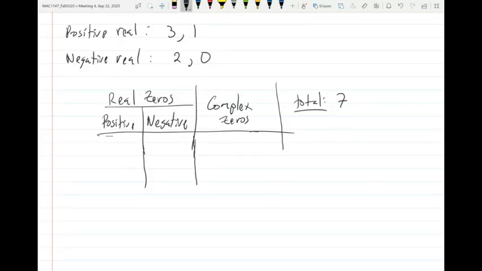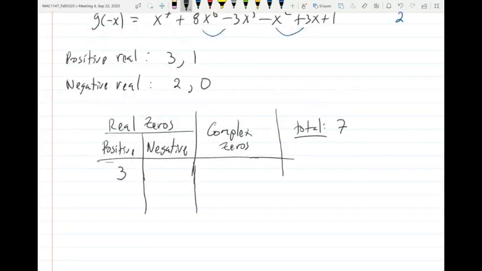So let's first figure out the possibilities. In the case that you have 3 positive real zeros, you may have 3 positive, but then that could be combined with 2 negative or none. Then you could also have 1 positive, and that could be combined with 2 negative or none. So there are 4 options there.